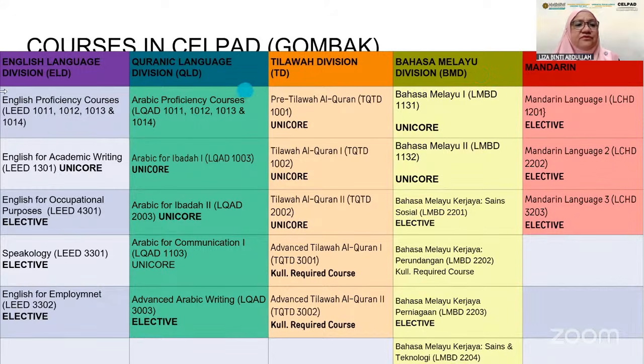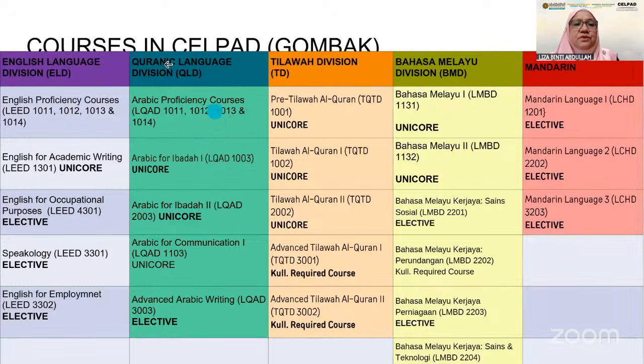For ELD, we have EPC, English Proficiency Courses. Same goes for the Quranic Language Division, where we have APC. All of you listening to me at this point are students of EPC and APC. These are the course codes, from 1011 up to 1014.